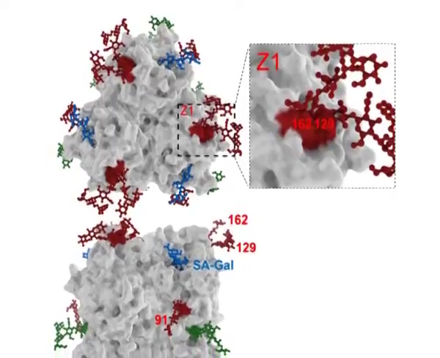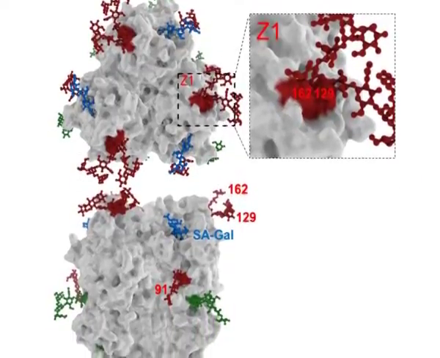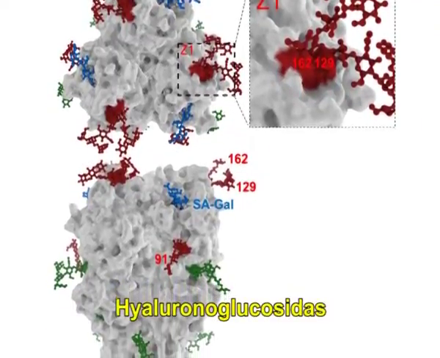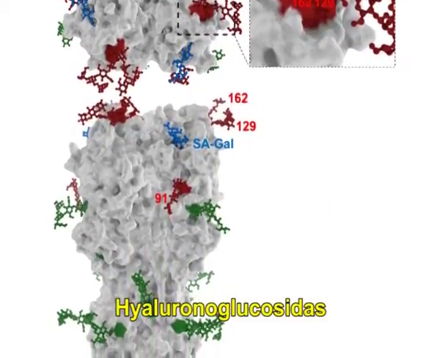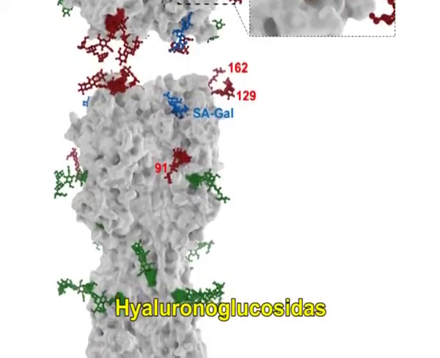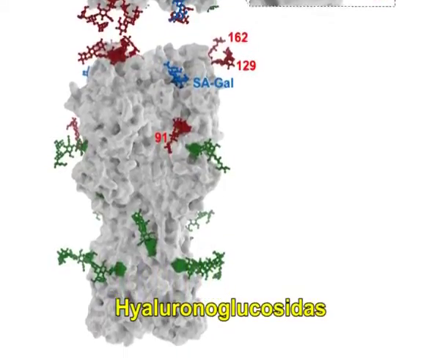The resulting HA fragments of variable size are then further hydrolyzed by HYAL1 after being internalized into endolysosomes. This generates HA oligosaccharides. According to their enzymatic mechanism, hyaluronidases are hyaluronoglucosaminidases, that is, they cleave the 1 to 4 linkages between N-acetylglucosamine and glucuronate.